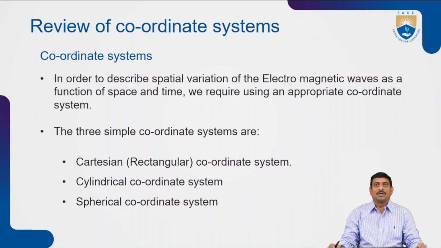For all these three coordinate systems, we discussed the coordinate axes and their ranges, how to locate a point in the coordinate system, how to transform a point from one coordinate system to the other, the representation of a vector in all three coordinate systems, and how to convert a vector from one coordinate system to the other, which we discussed in the previous class.